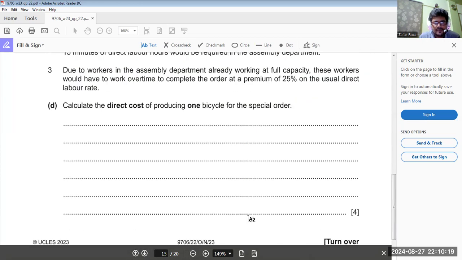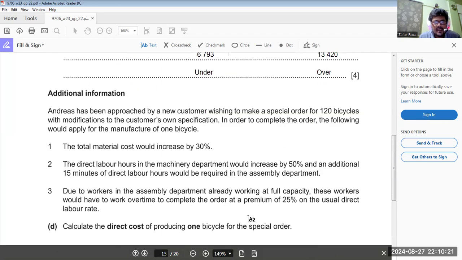Now, Andreas has been approached by a new customer wishing to make a special order for 120 bicycles with modifications to the customer's own specification. To complete the order, the following would apply for the manufacture of one bicycle. The total material cost would increase by 30%.